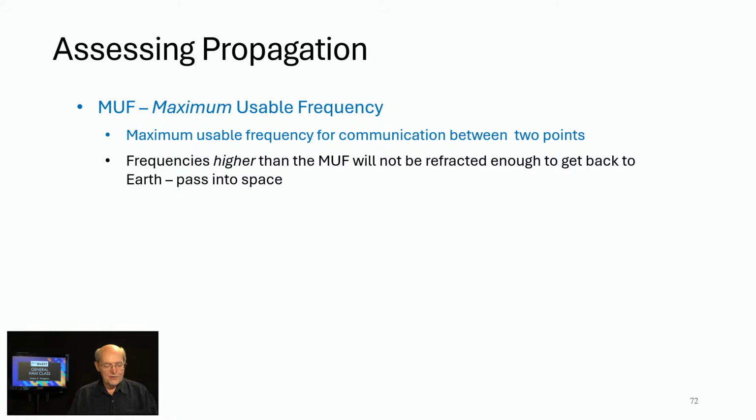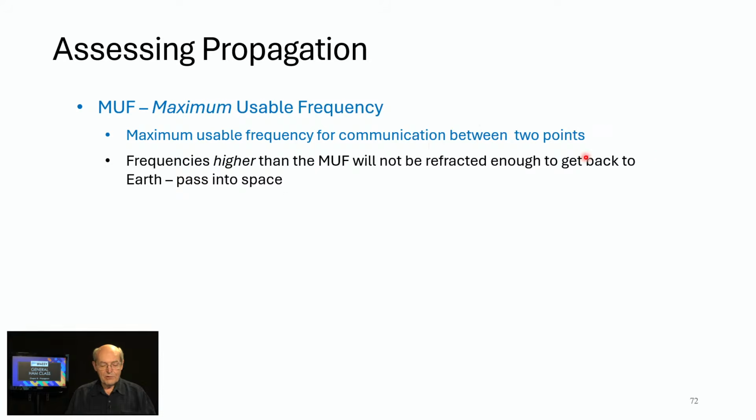So MUF is maximum usable frequency. If you just think about that, maximum usable frequency, what does that mean? That means if you would go higher than the maximum, you wouldn't be able to use it, which is this text here. Frequencies higher than the MUF will not be refracted enough to get back to the Earth, and they'll pass into space. So the definition: maximum usable frequency for communication between 2 points.